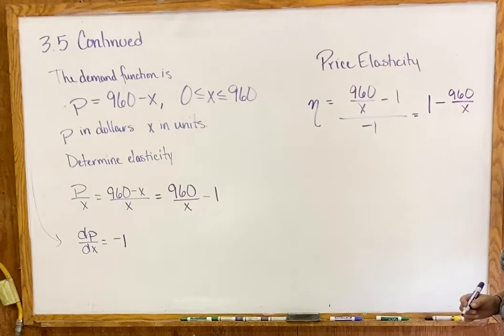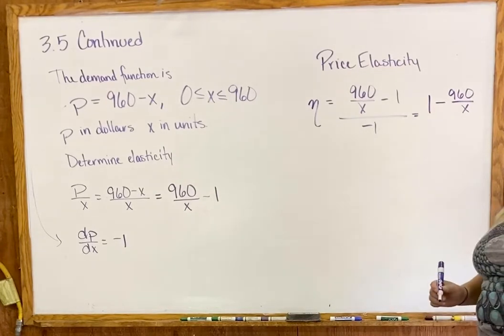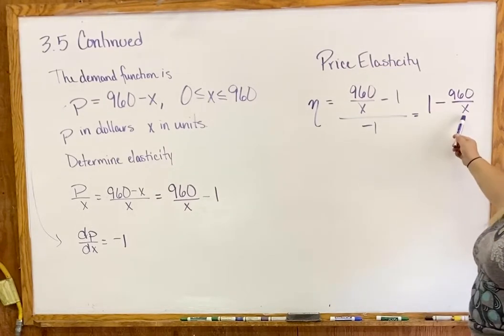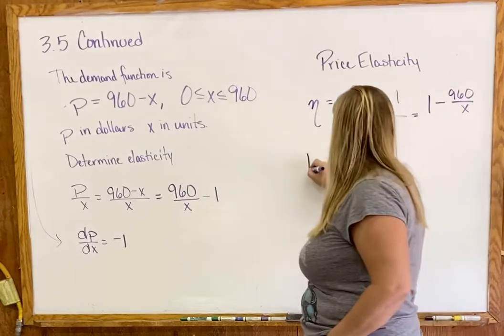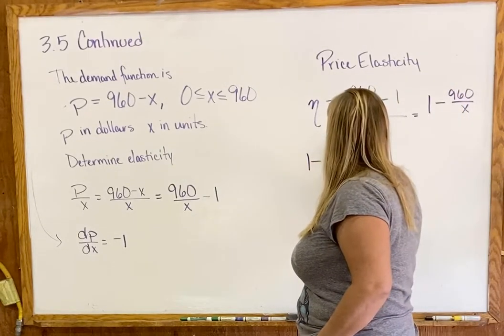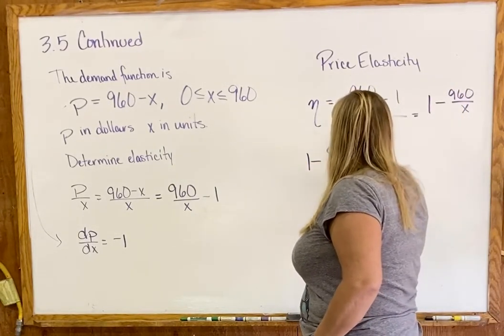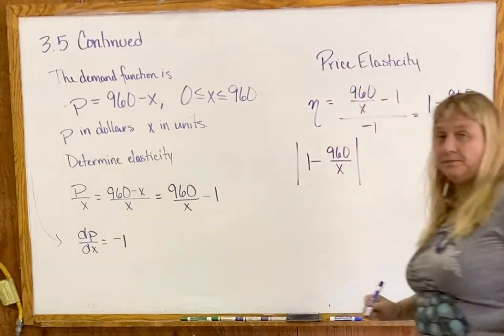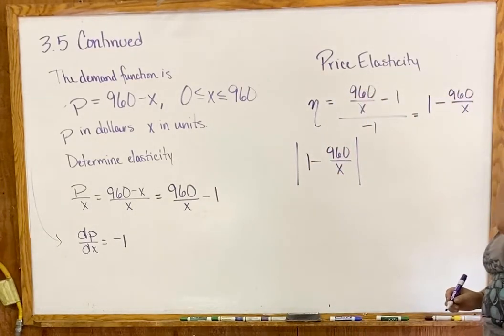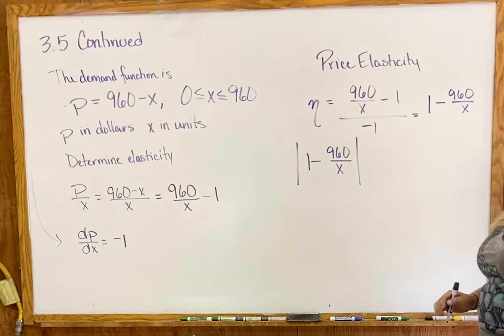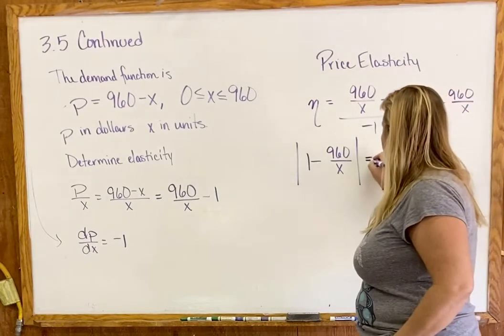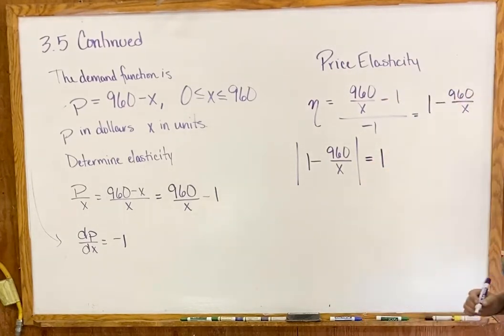Now, to look for elasticity, we need the absolute value of eta, and we need to set it equal to 1, not 0, because elasticity is always about whether it is more than 1 or less than 1.